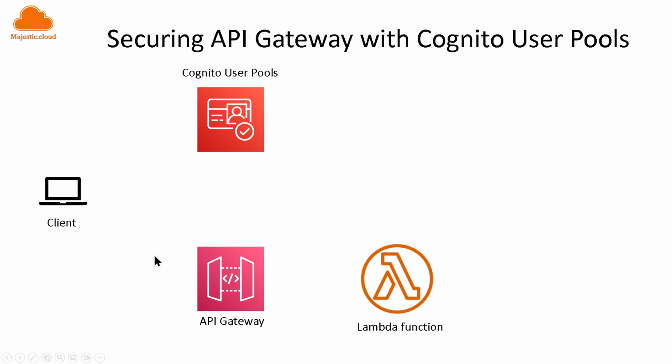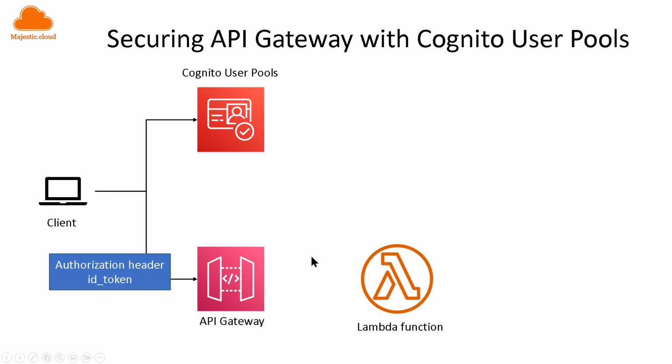So the flow in this case would be the following. The client will make a request to Cognito user pools to authenticate. It will get back some tokens: an ID token, an access token, and a refresh token. And then it will use the ID token in this case in the authorization header that it's going to send to the API gateway.